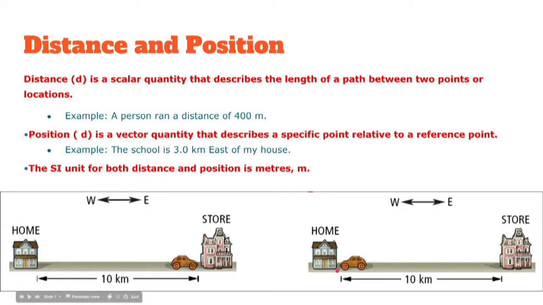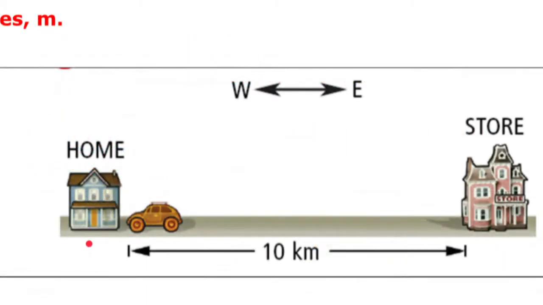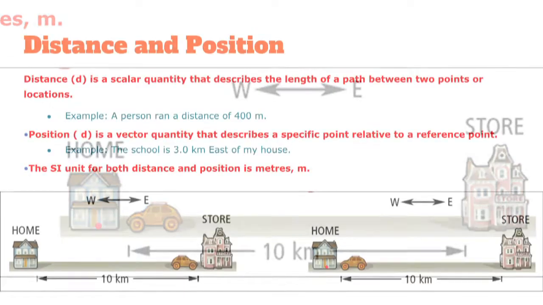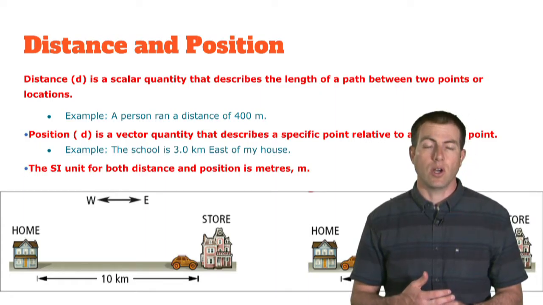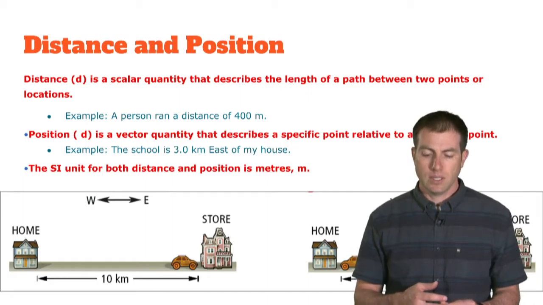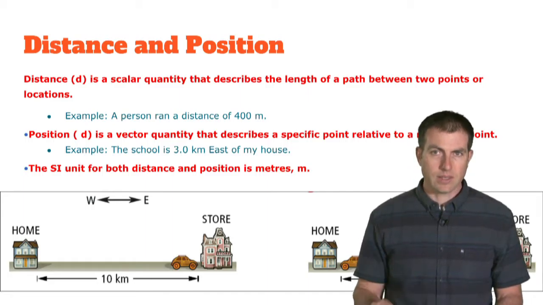So our position is 0 kilometers, but our distance is 20 kilometers because we went to the store and then back. So position is different than distance. Distance is how far you've traveled. Position is how far you are from where you started. It gets kind of confusing.